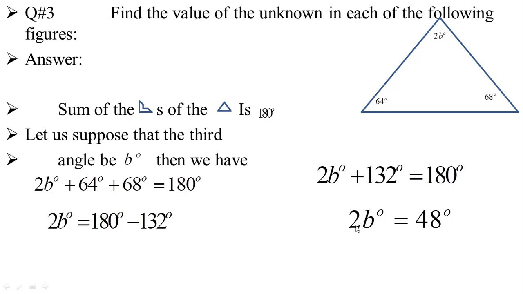Here 2 is multiplying, on the other side 2 is divided. Now we can write that b degrees is equal to 48 degrees divided by 2. The final answer of the unknown b is equal to 24 degrees.